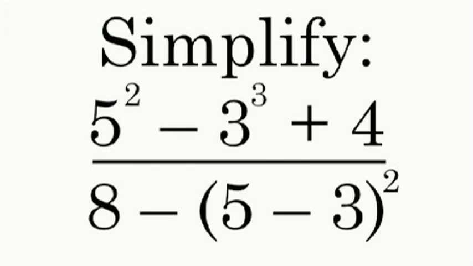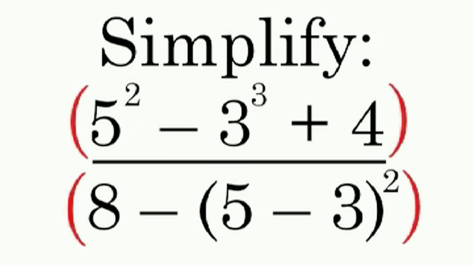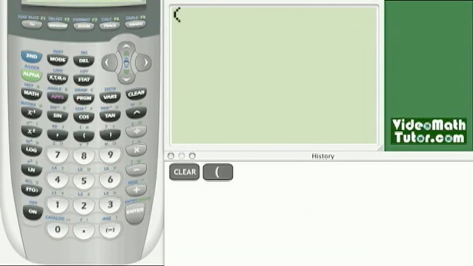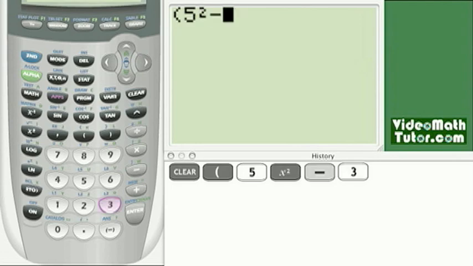If you want to simplify this expression, your first step is to change it into this one. Make sure you encompass the entire numerator within a set of parentheses and the entire denominator within an extra set of parentheses. Now let's input this in the calculator. Clear. Let's put the top part first. Open parentheses, 5 squared minus 3 power 3 plus 4, close parentheses.